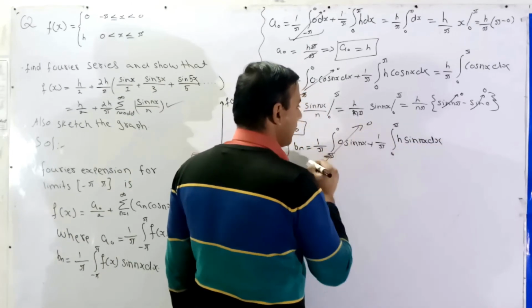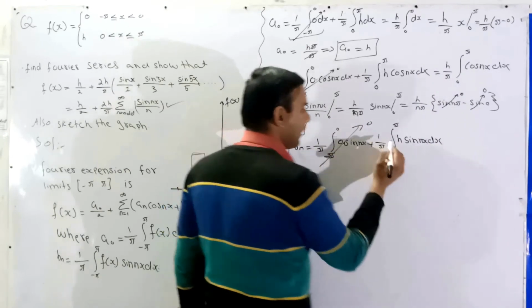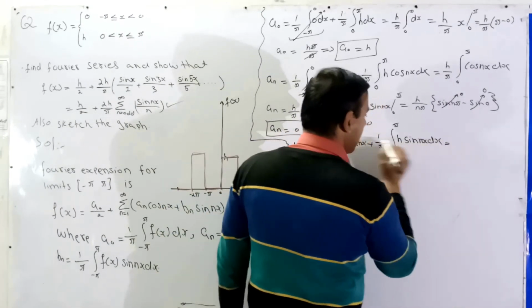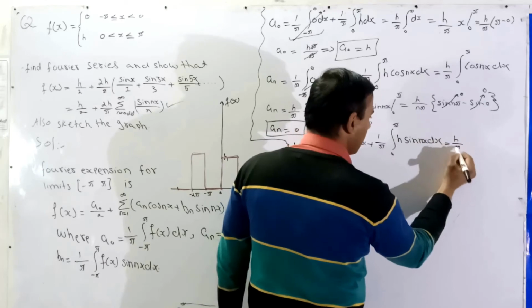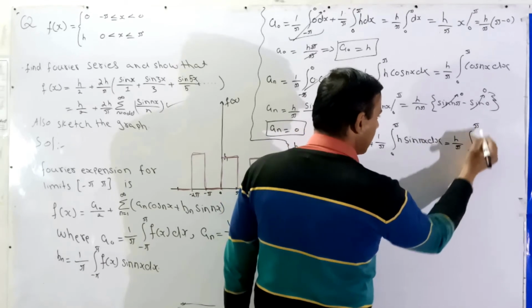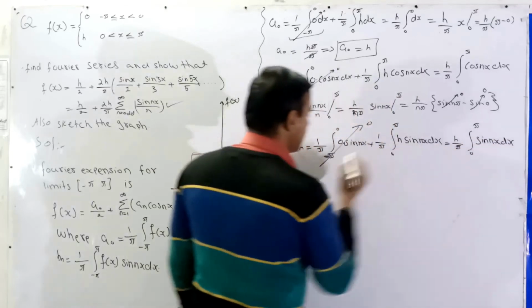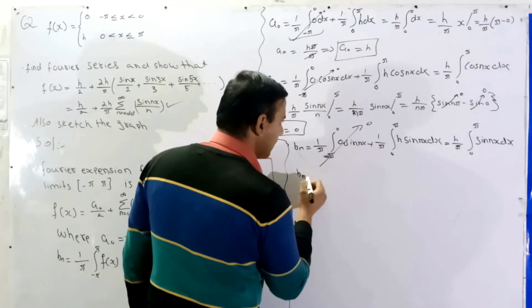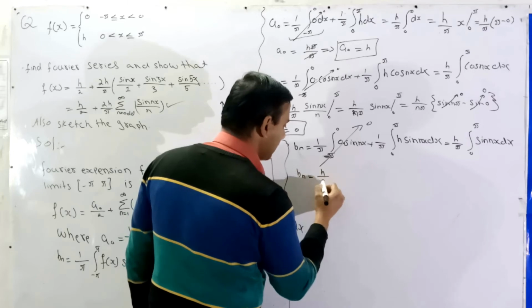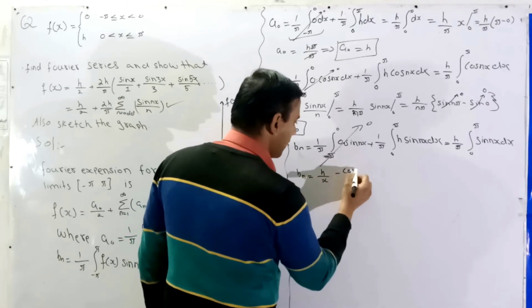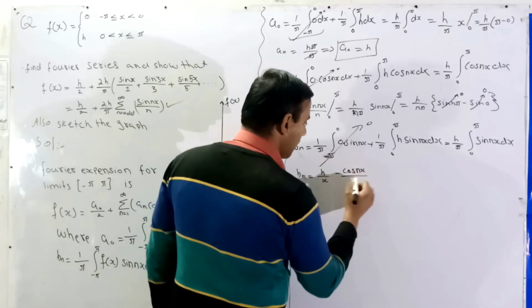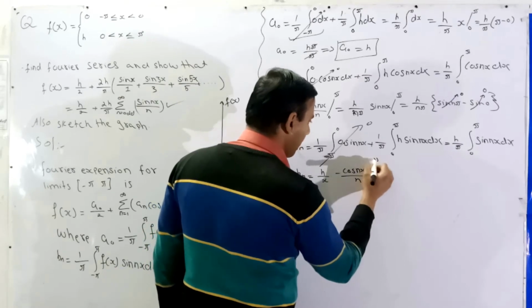The first part will become 0, and this side is h over pi integral from 0 to pi of sine nx dx. The integration of sine nx is minus cos nx over n, from 0 to pi.